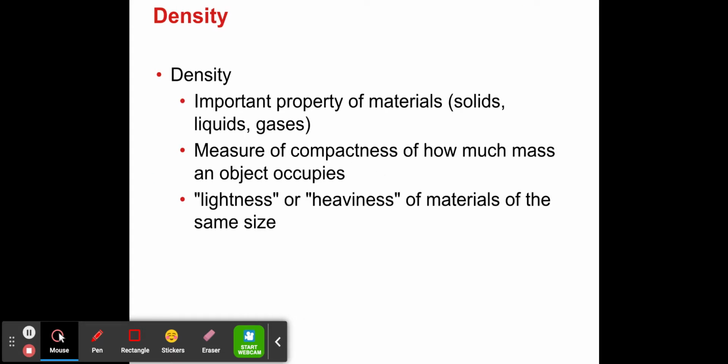so let's start with density. What is density from what you've learned from a previous unit like Unit 1? If you remember, we said density is an important property of materials like solids, liquids, gases, they all have density.